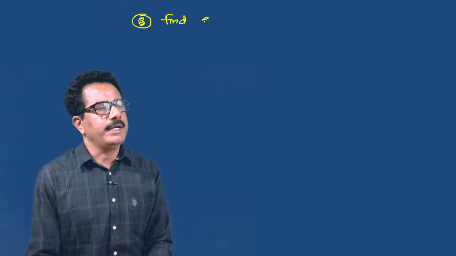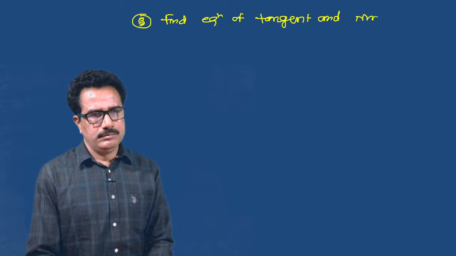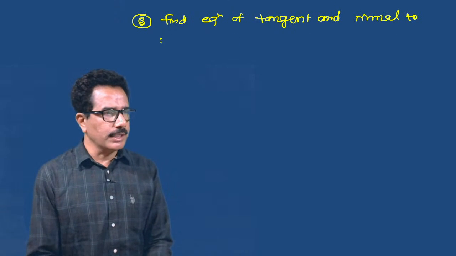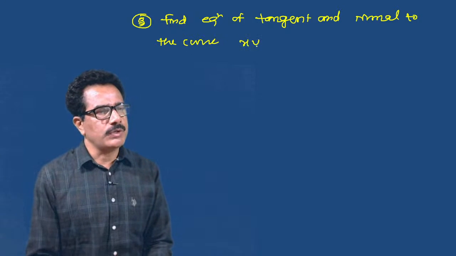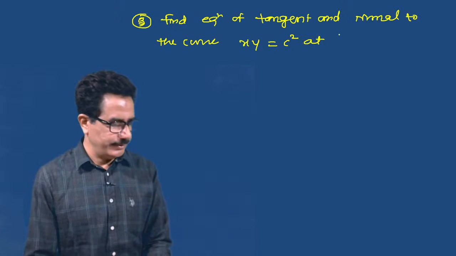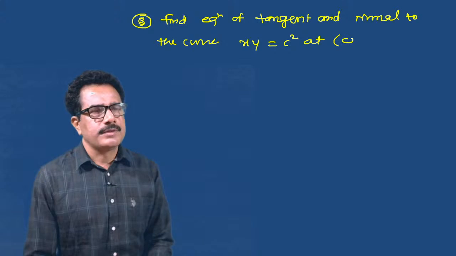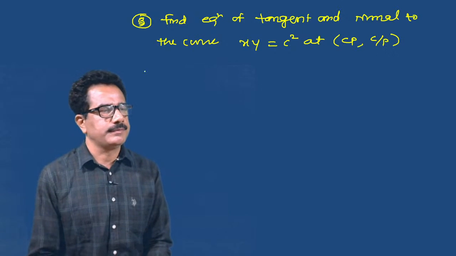Find the equation of a tangent and normal to the curve x into y is equals to c square at c p, c into p comma c divided by p.